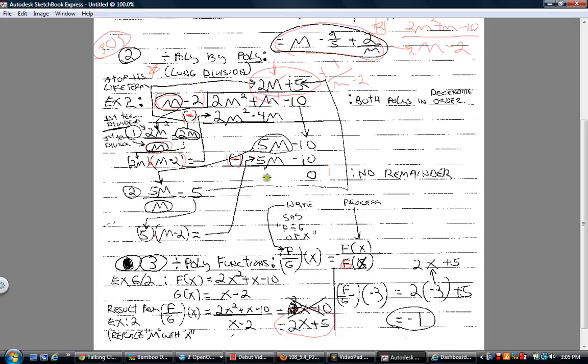And we just did all the nitty-gritty work up here. Okay, now once you know what the result of that division is, they will give you a specific value for x, -3. Plug it into the result, the quotient of those two functions. Take 2 times -3 is what? -6 plus 5. Final answer, -1.